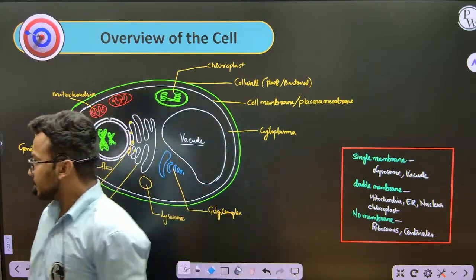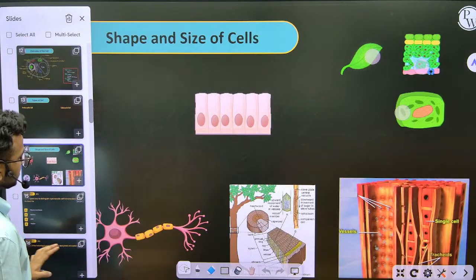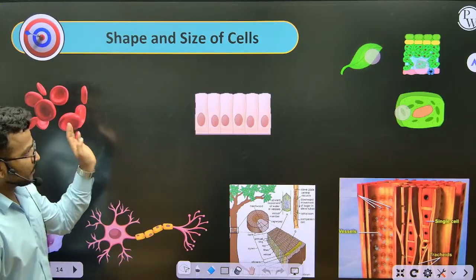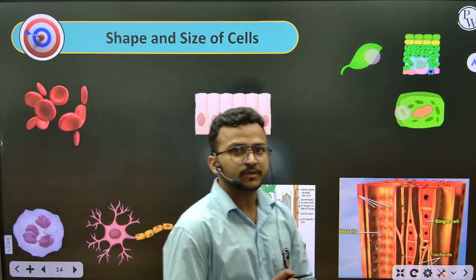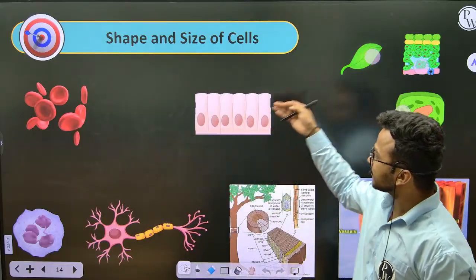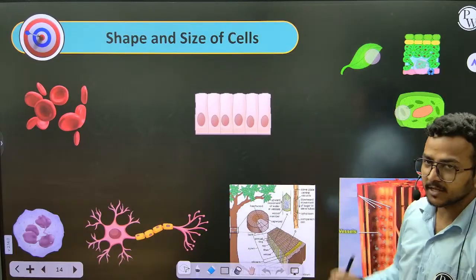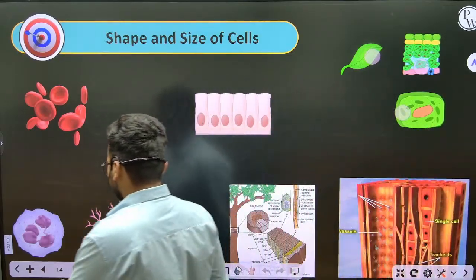Coming to the shape and sizes of the cell, I will illustrate this. In front of you, there are different types of cells, with different sizes and different shapes. We'll discuss one by one.